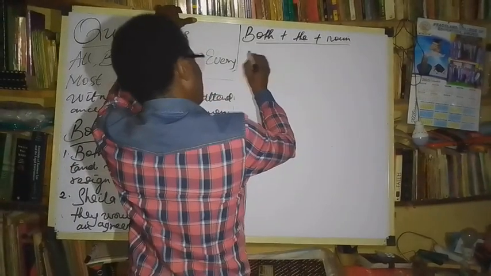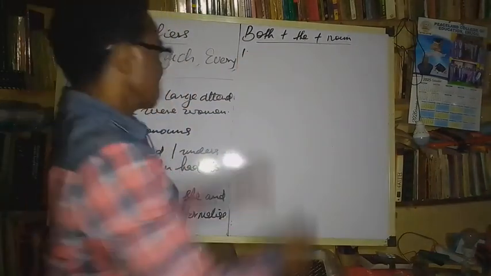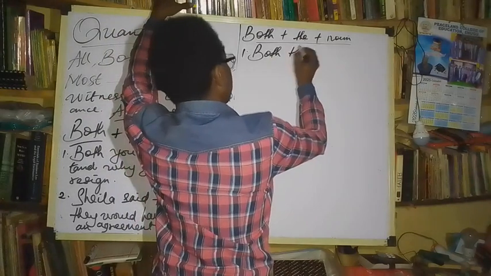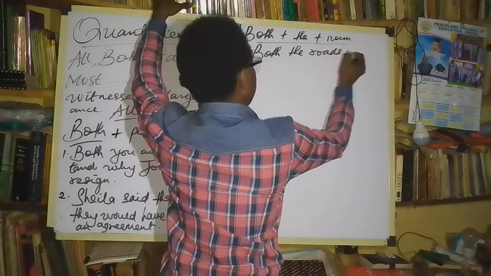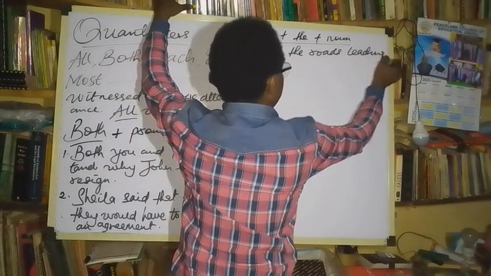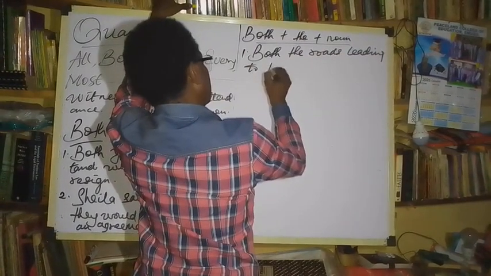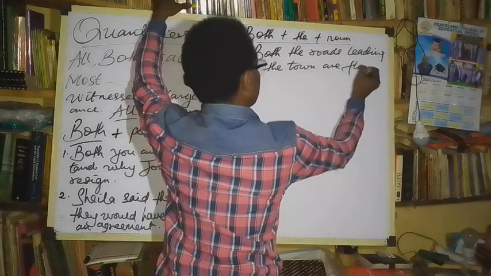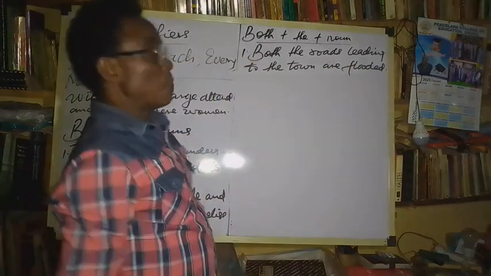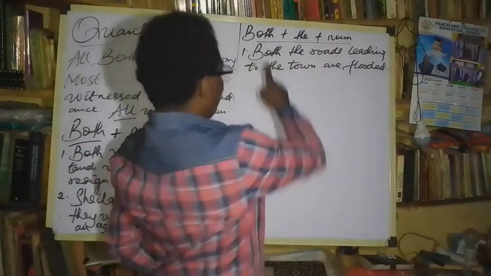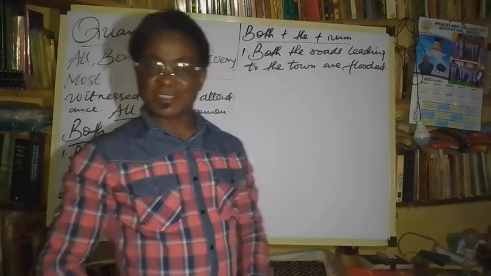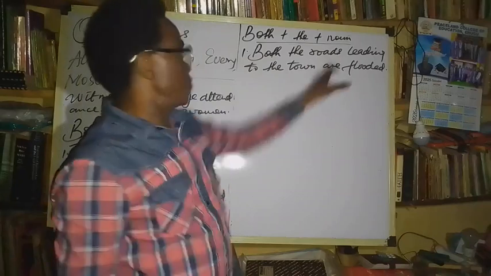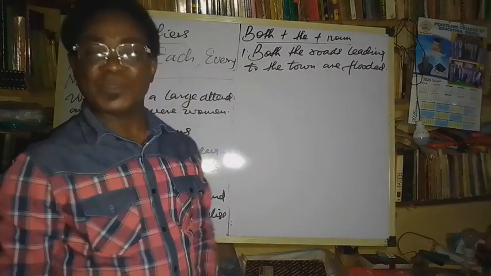For number one, it says both the roads, because both is a plural determiner. The noun that comes after it naturally has to be plural in number. So we have, both the roads leading to the town are flooded.